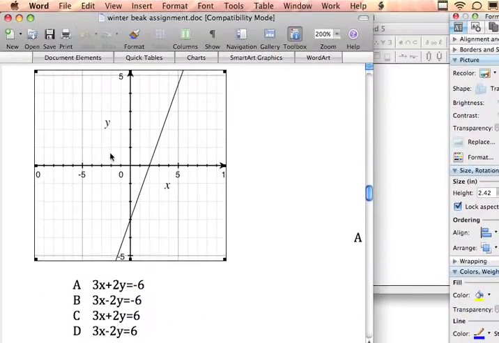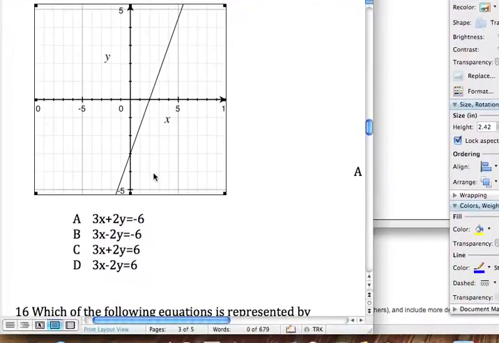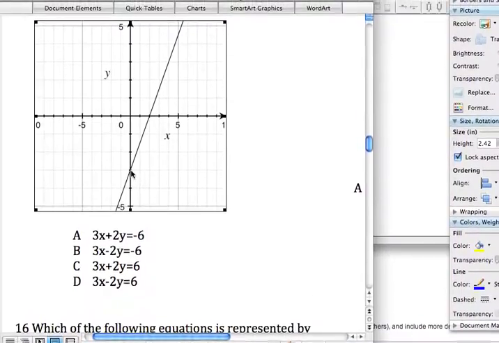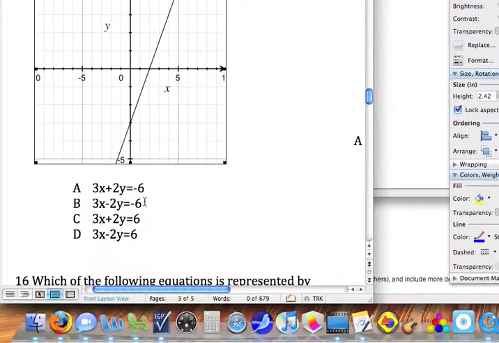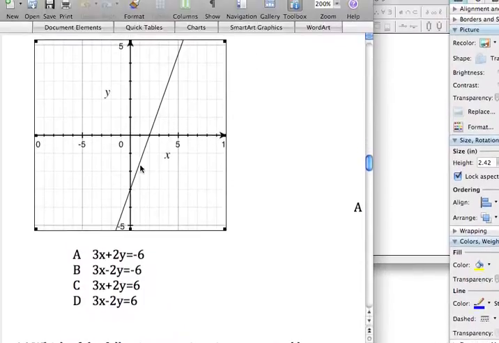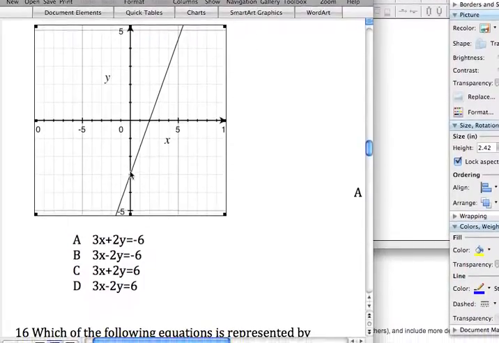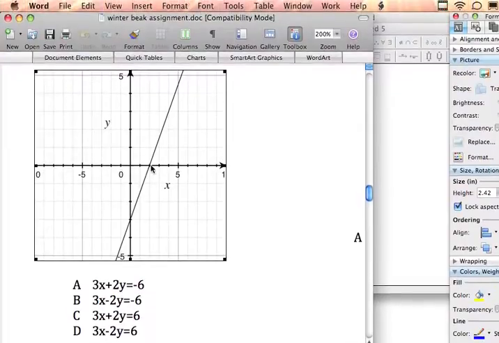I have two lines going through that intercept. So, if I use this intercept, I could easily substitute into this equation. The numbers could come out correct, but still have a wrong answer.